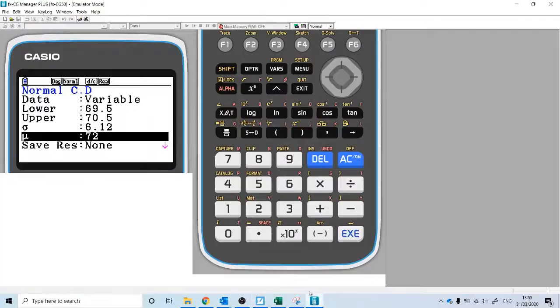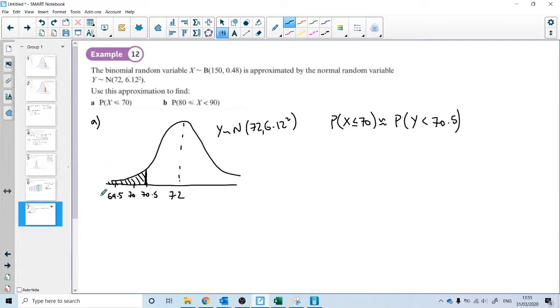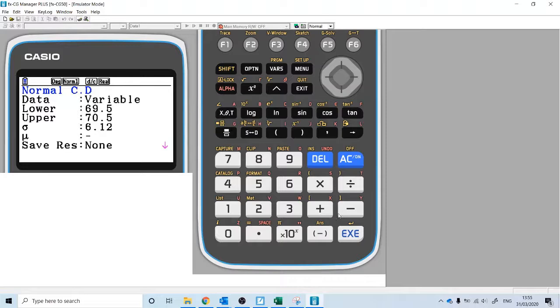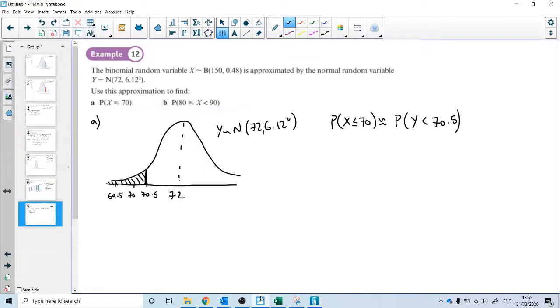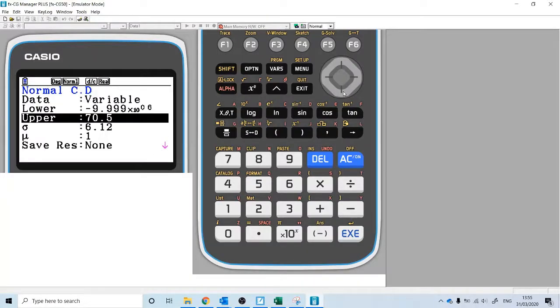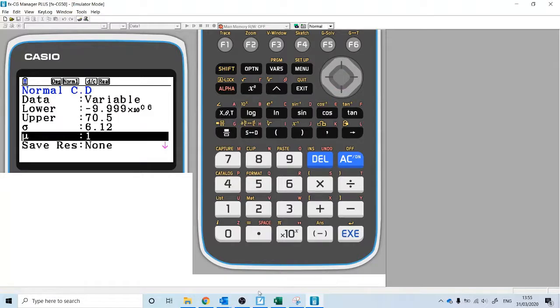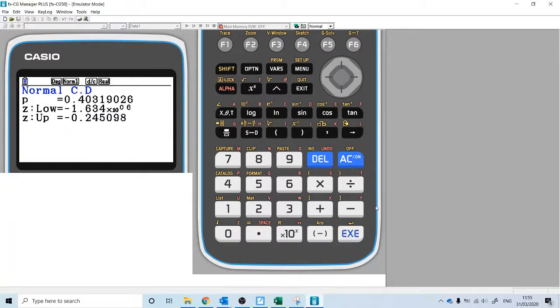So we're going to put our lower as minus infinity, so minus 9999, and our upper, we're doing the area up to 70.5. We're going to put our standard deviation is 6.12, and our mean was 72 of our normal distribution. And we get that as 0.403.